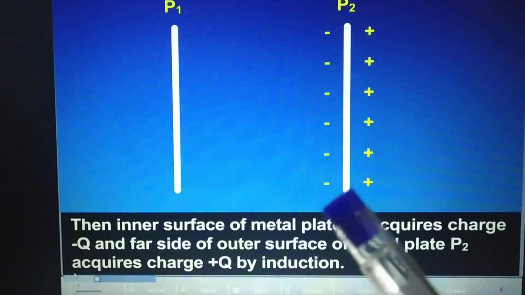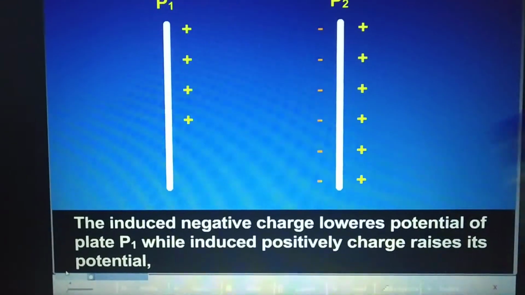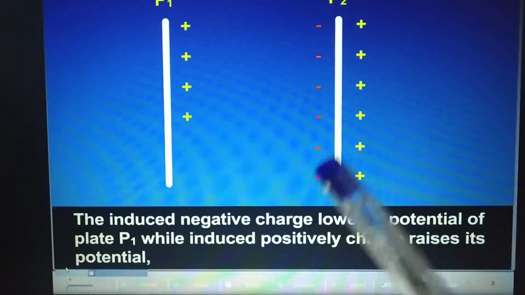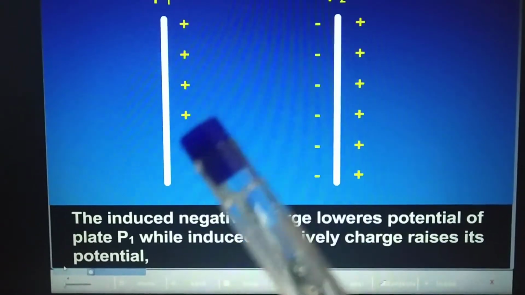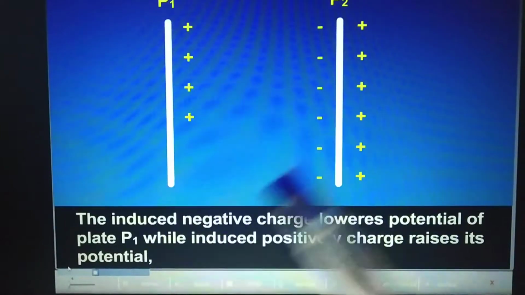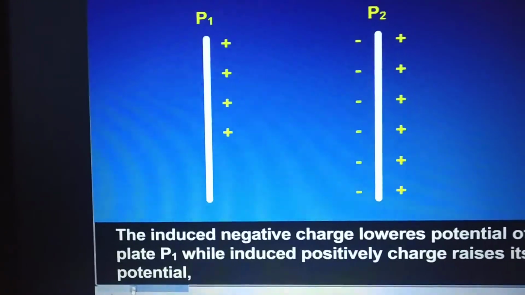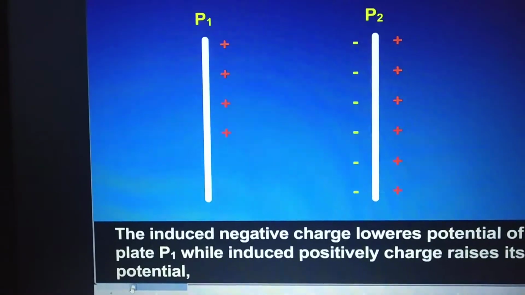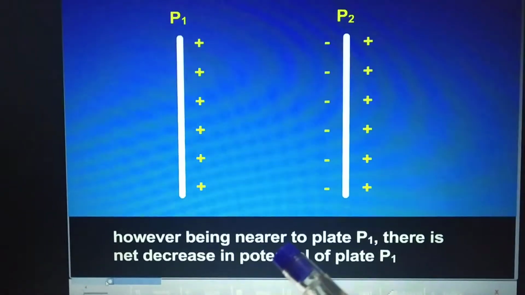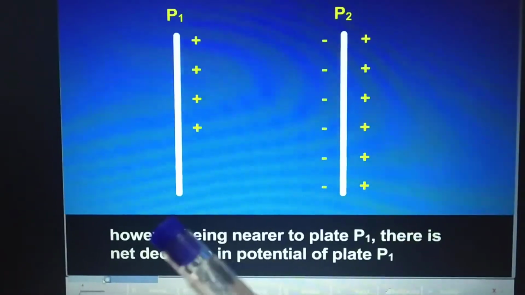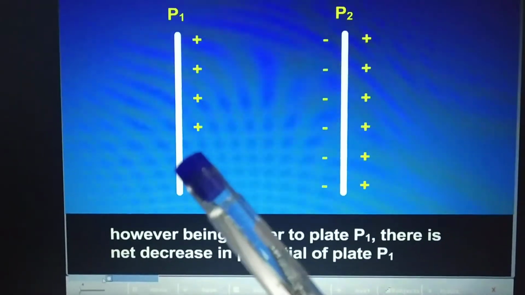So here negative charges, here positive charges. The induced negative charge lowers the potential of plate P1, while the induced positive charge raises its potential. However, being nearer to plate P1, there is a net decrease in potential of plate P1.